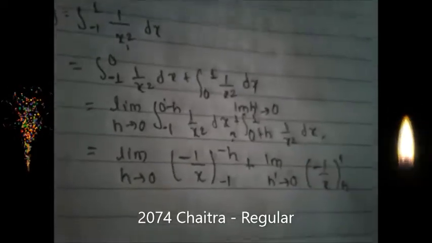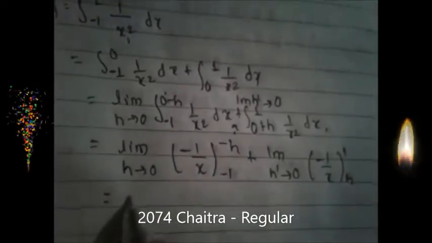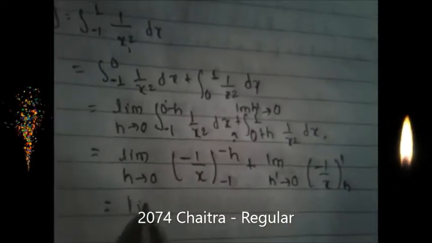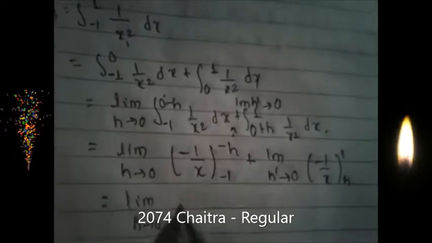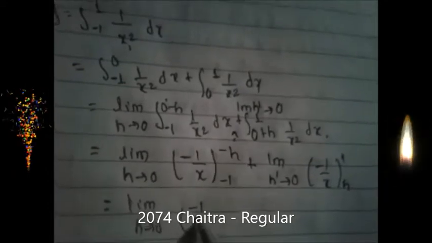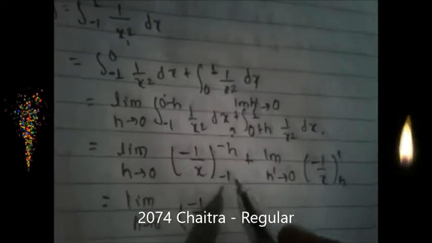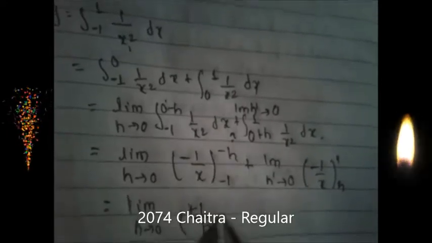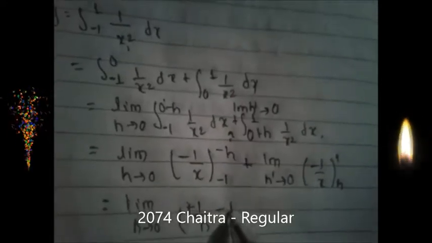from h dash to 1. Now we can put the values: limit h tends to 0 of -1 upon minus h, it will be plus 1 upon h, minus 1.